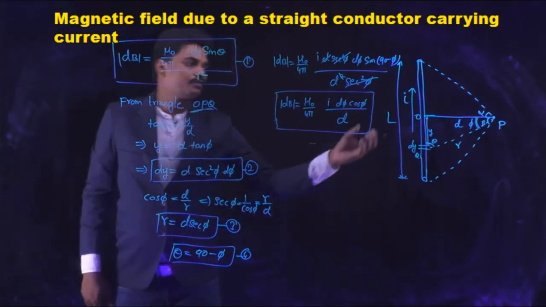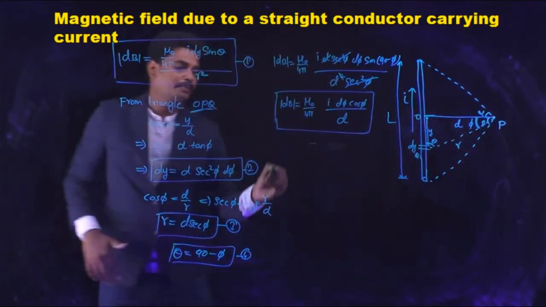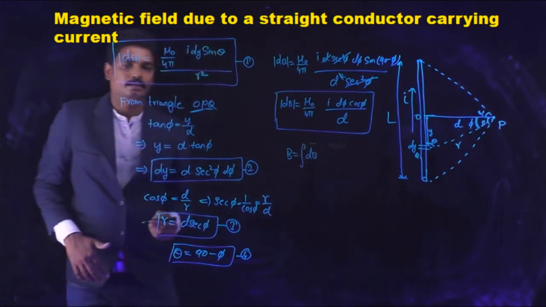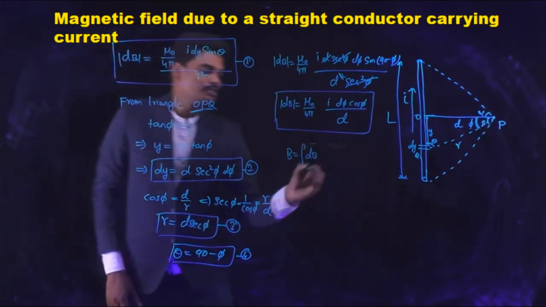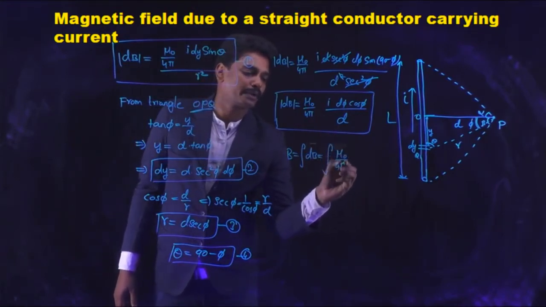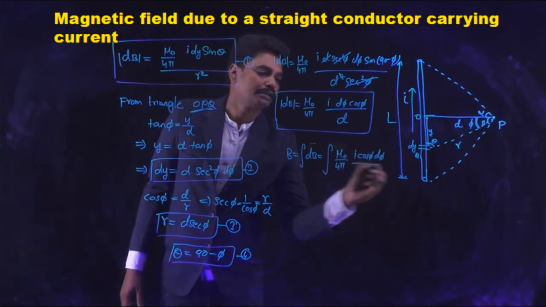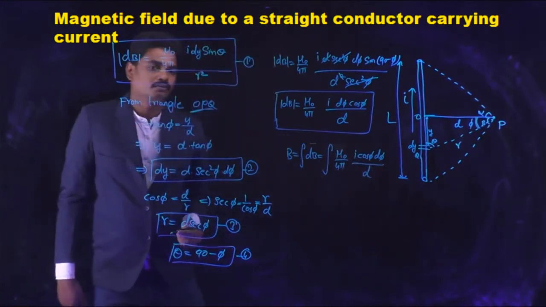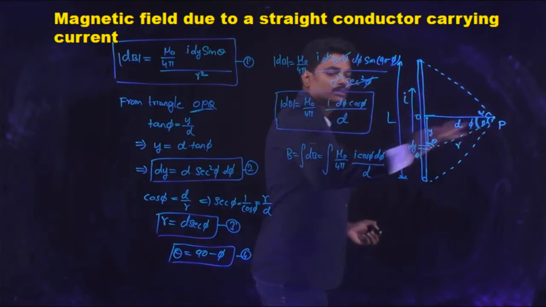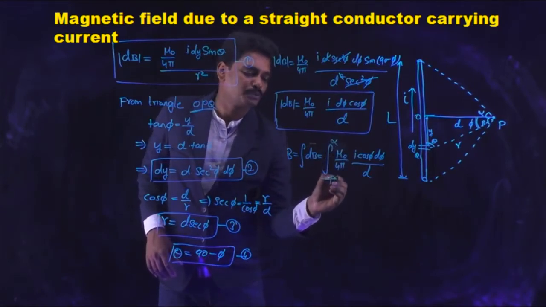So the total magnetic field due to this straight conductor carrying a current at a point P is given by B equal to the integral of dB, which is mu naught by 4 pi into I cos phi d phi divided by d, within the limits: for the upper end, P makes an angle of alpha, and for the lower end it makes an angle beta. So alpha to minus beta.